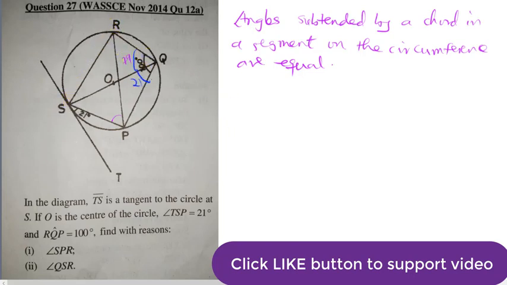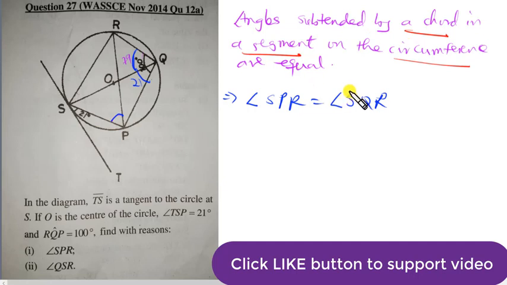So we are saying that angle SPR is equal to the angle SQR, and they are equal because these two angles are formed by the same chord, that is the chord SR. So they are formed by a single chord, and they are in the same segment, and they all end on the circumference. So they are all equal to 79 degrees. So this implies that the angle SPR is equal to 79 degrees.